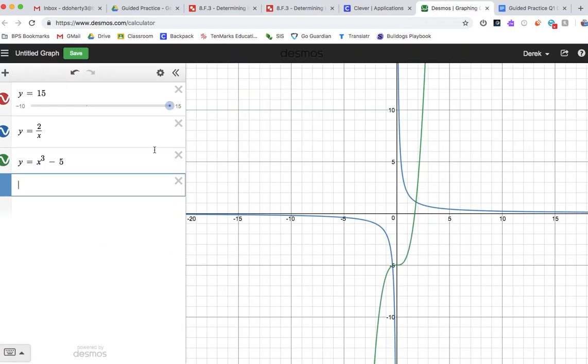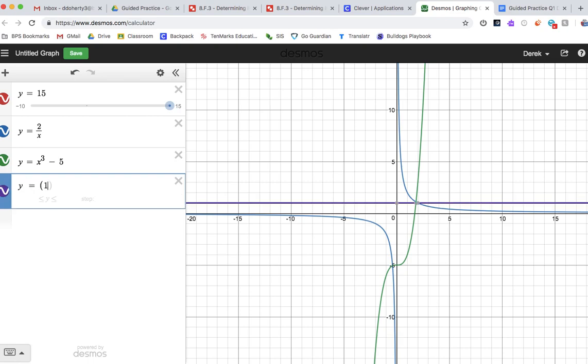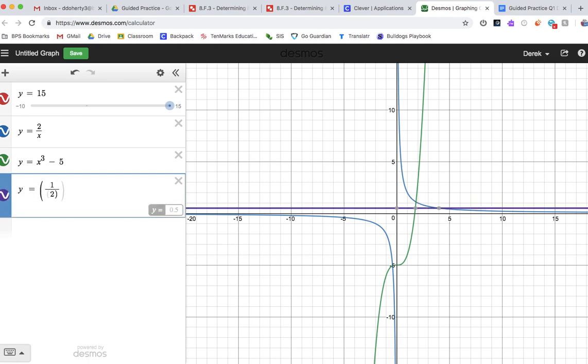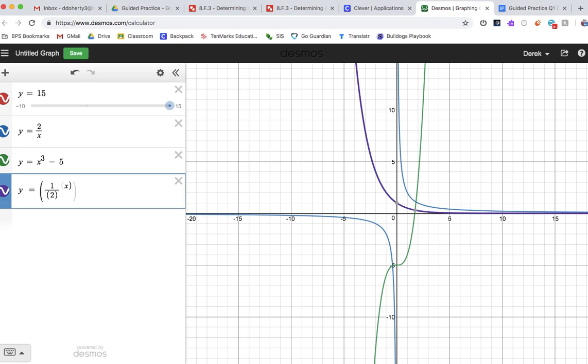So if I put in the equation y equals 1/2 all raised to the power of x, we see this purple graph here, 1/2 raised to the power of x. Anytime we put a variable in the exponent, we also get a nonlinear graph. Desmos is a great tool if you're trying to start exploring these new equations and start seeing what their graphs might look like.